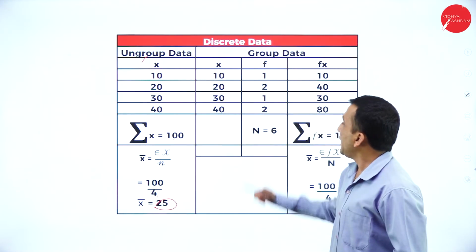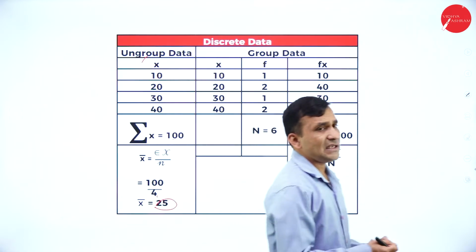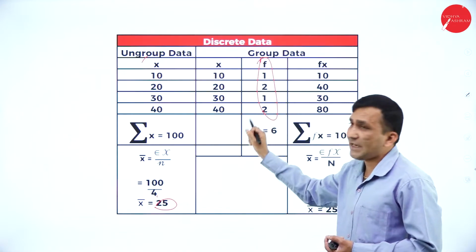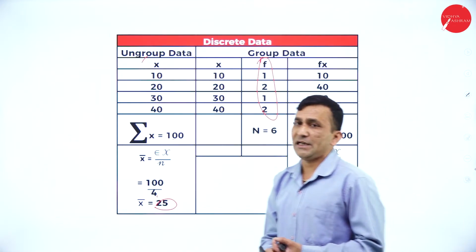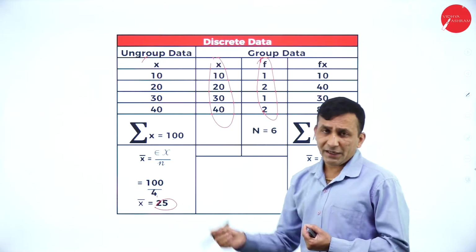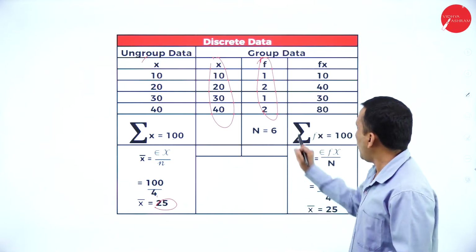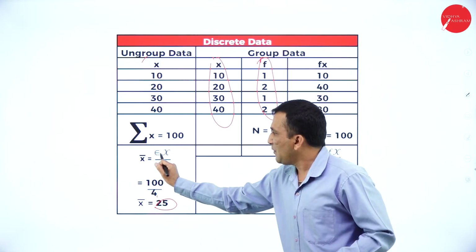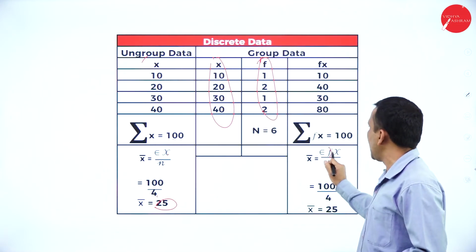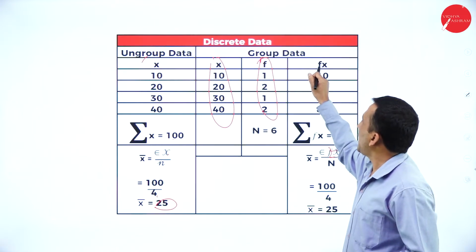Okay. And in case of grouped data, obviously we need to find out if there is any frequency. In this case, frequency is there, which we call discrete grouped data. When the frequency is identified, obviously the formula changes slightly. So instead of sigma x, we are adding the frequency: x into frequency, fx.